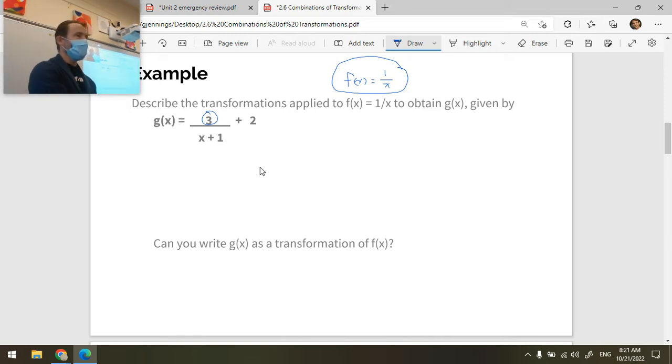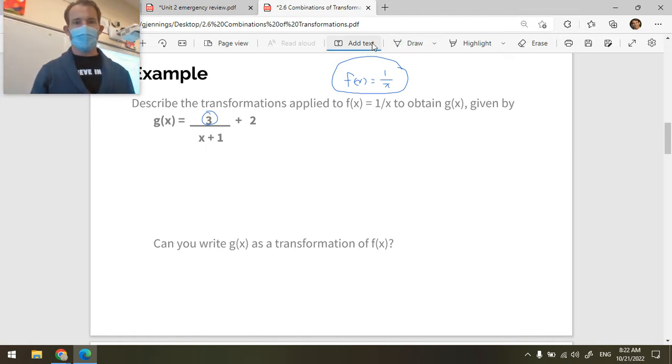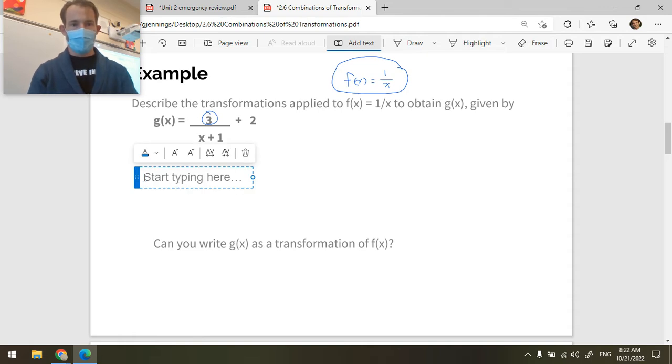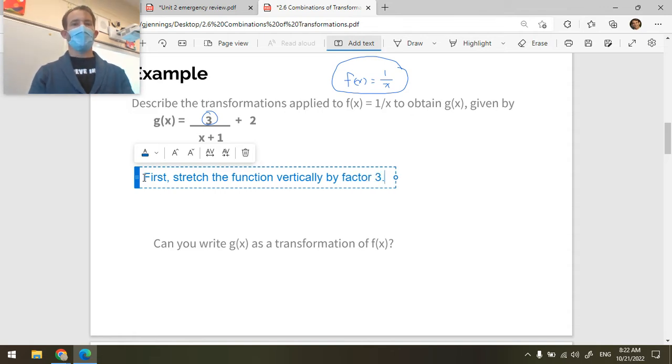So that basically stretches it up by factor 3. And that would be the first transformation that we'd have to do here. So first, stretch the function vertically by factor 3. So all of our y values are going up by a factor of 3.